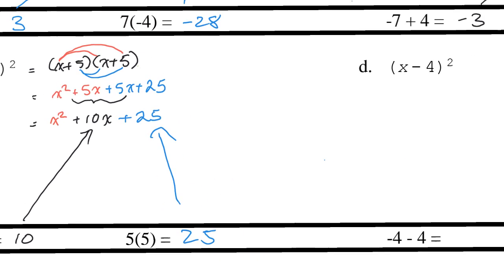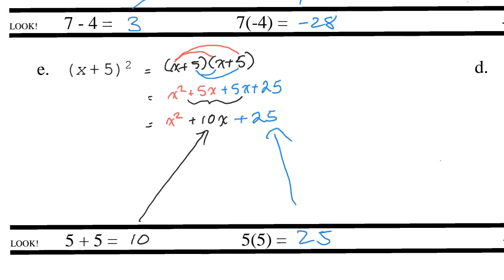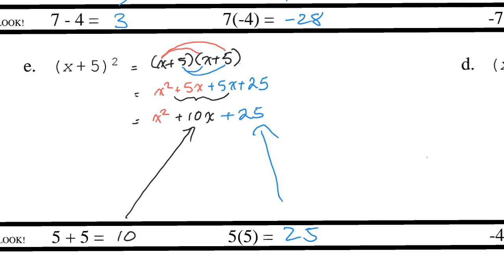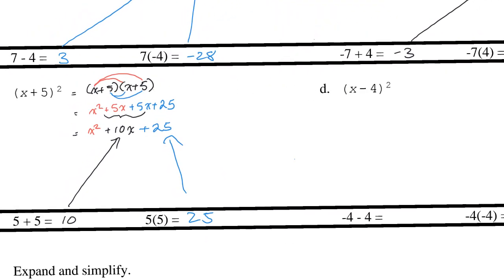All right, so now let's move on to x minus 4 squared. Same thing as what we did back here, right? And I guess we could put both of them on here to see how we did it. So pause the video, try this on your own, see if you get the same answer as me.